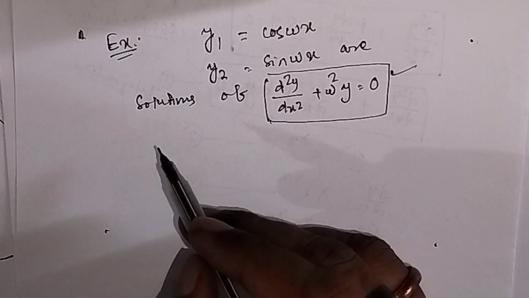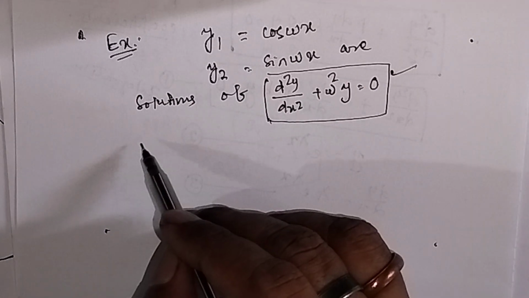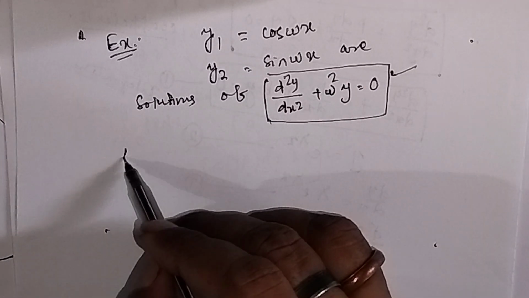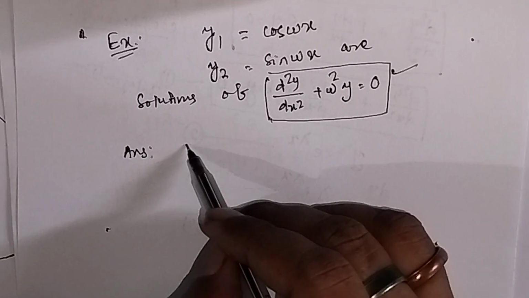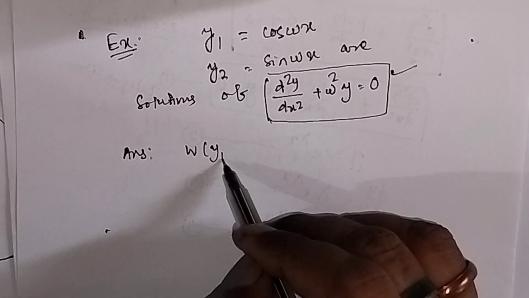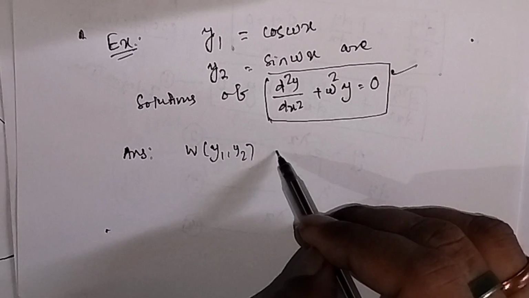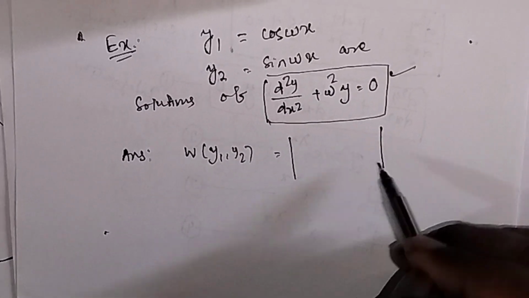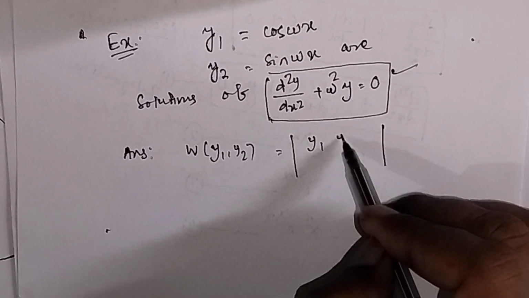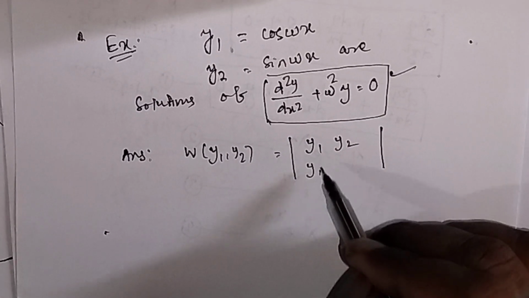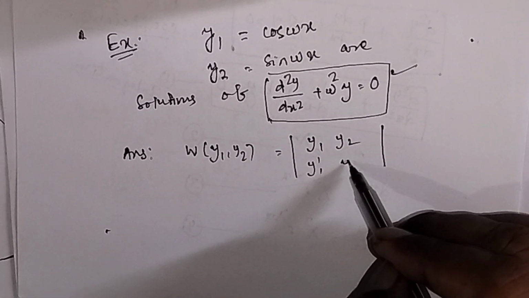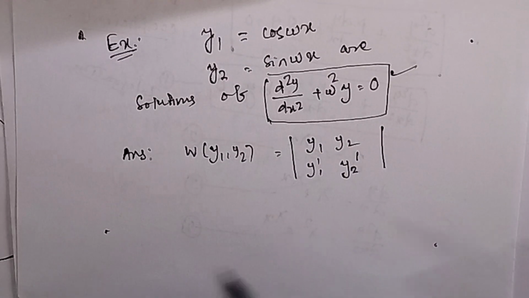If you have to find the Wronskian, what will it be? W(y1, y2) will be the determinant of y1, y2, then the first derivative of y1, then the first derivative of y2.